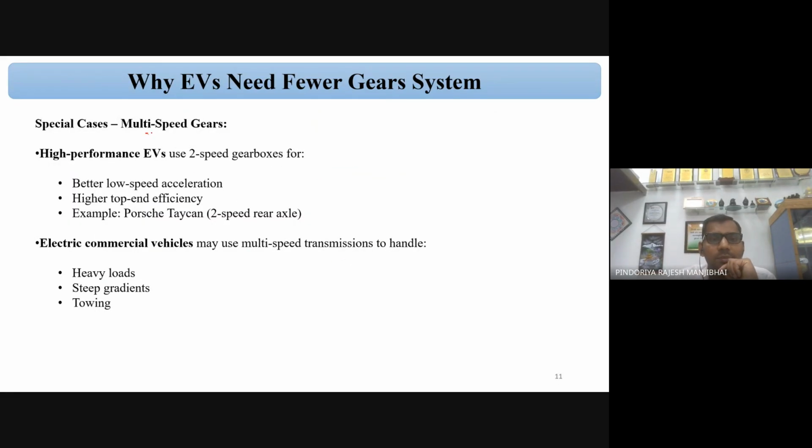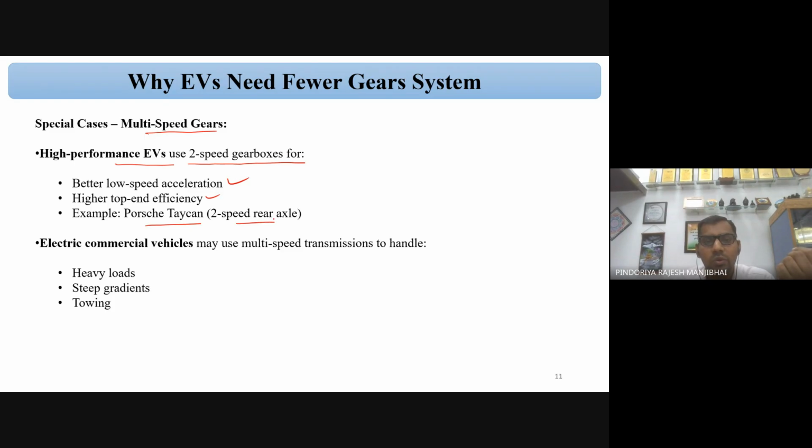Special case: multi-speed gear system. As I said, in some vehicles there may be a multi-gear system, but there is only a 1 to 2% chance. High performance EVs use a two-speed gearbox for better low-speed acceleration and higher top-end efficiency. Example: the Porsche Taycan uses a two-speed rear axle gear system.